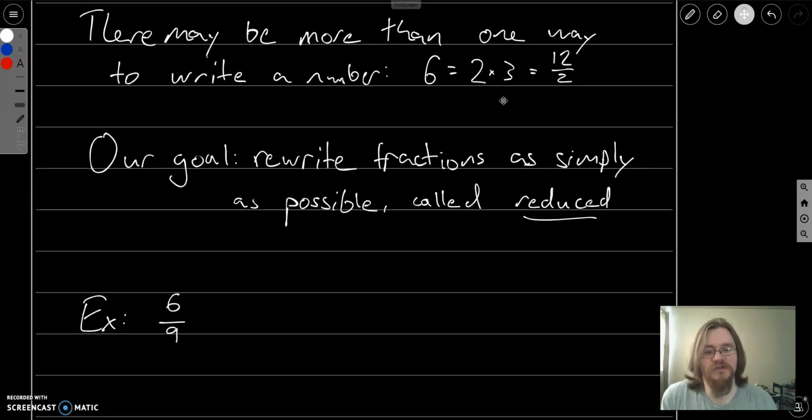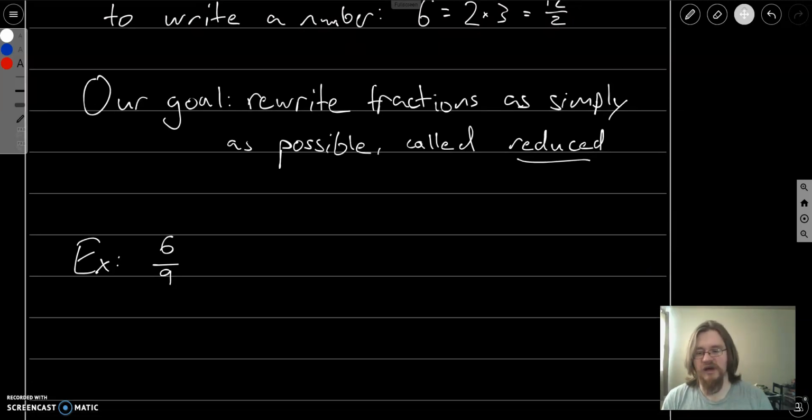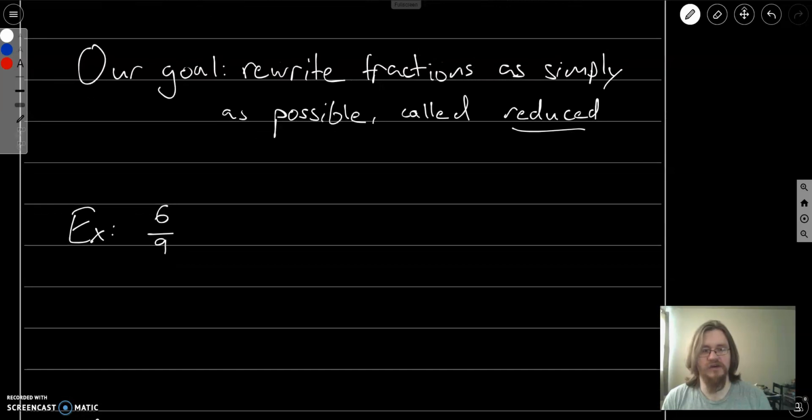So what we can do is what's called reduce fractions, so that there's no more easy divisions left to do. So how do we do this? I think the best way is to look at an example, and then I'll explain exactly what's going on. With the number 6/9, we're taking the number 6 and dividing it by 9.